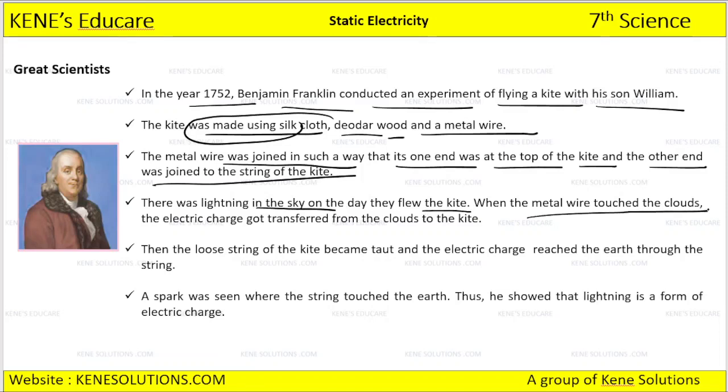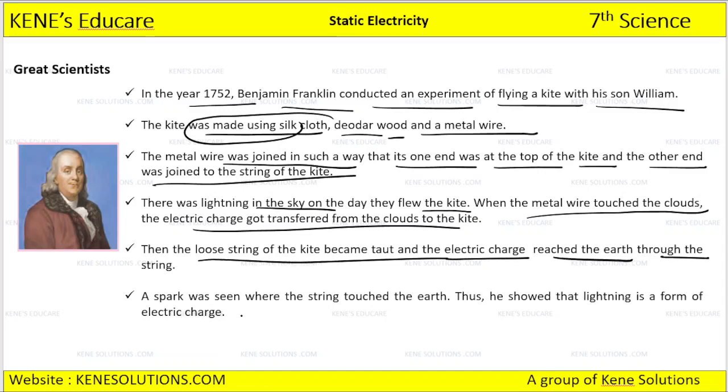When the metal wire touched the cloud, the electric charge got transferred from the clouds to the kite, and the loose string of the kite became taut, and electric charge reached the earth through the string. And a spark was seen where the string touched the earth. This shows that lightning is in the form of electric charge.